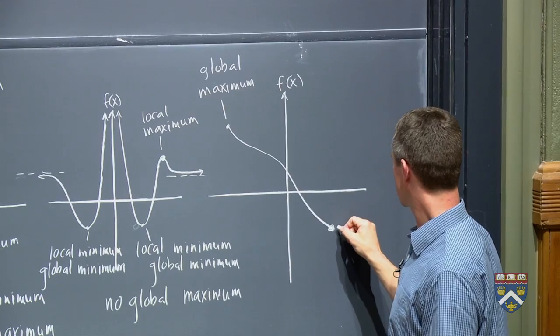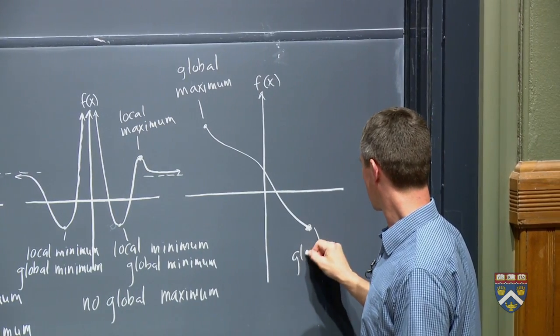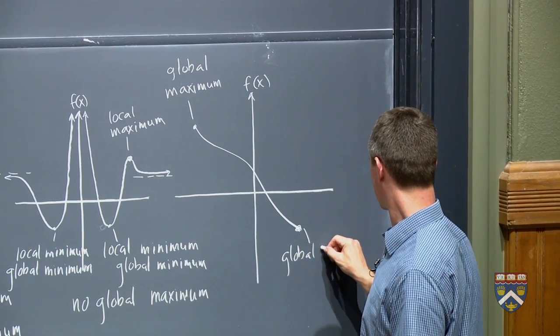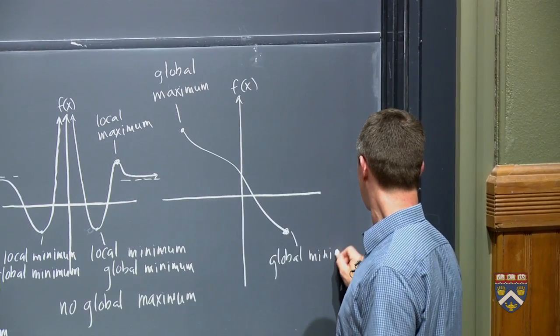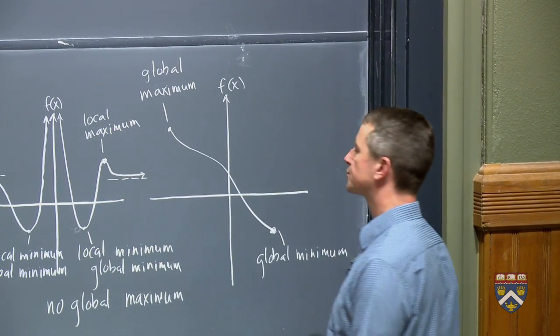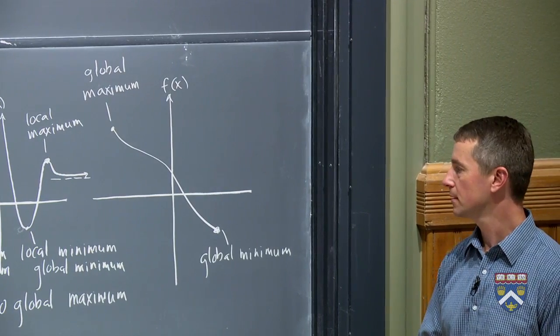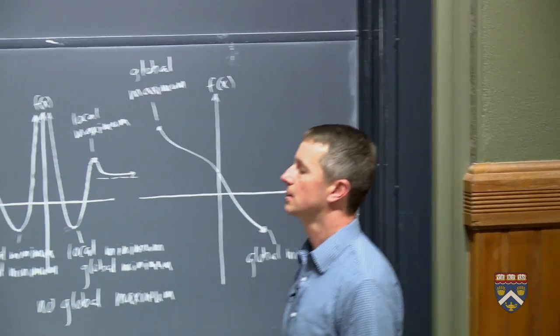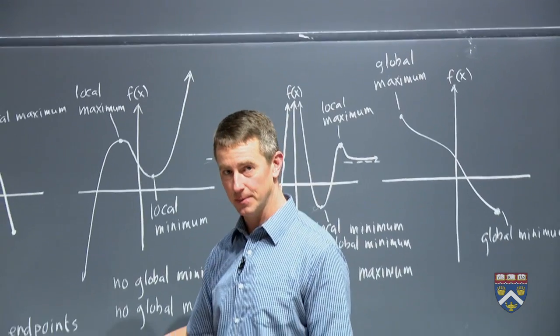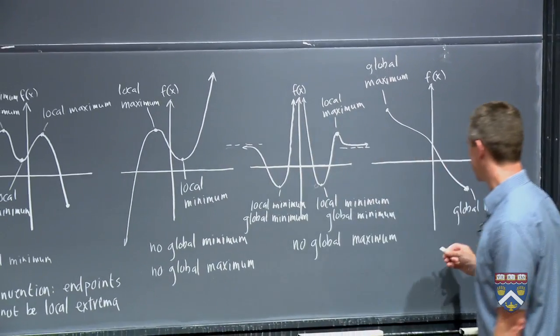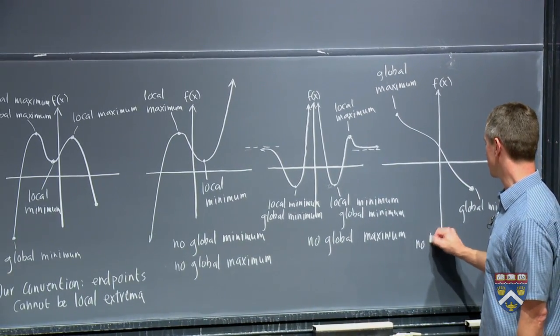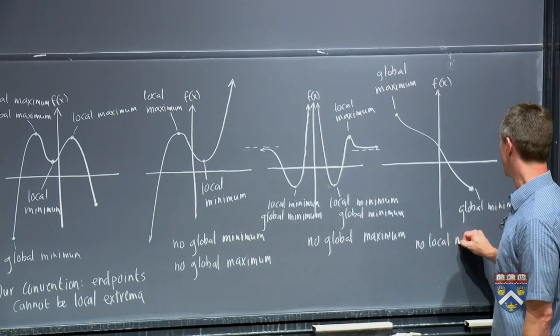This is a global minimum. And do we have any local maxima or local minima? Remember, our convention is that endpoints cannot be local extrema. So in this case, no local maximum, no local minimum.